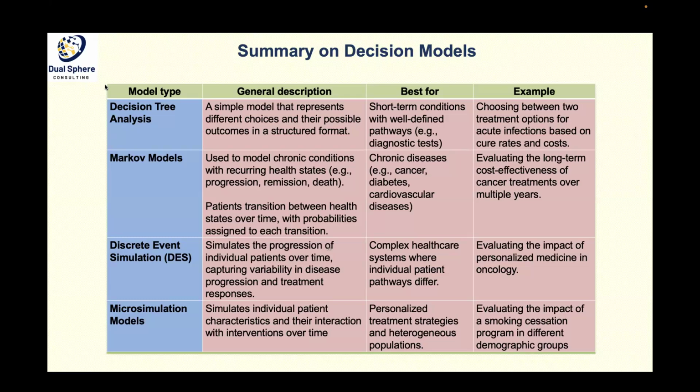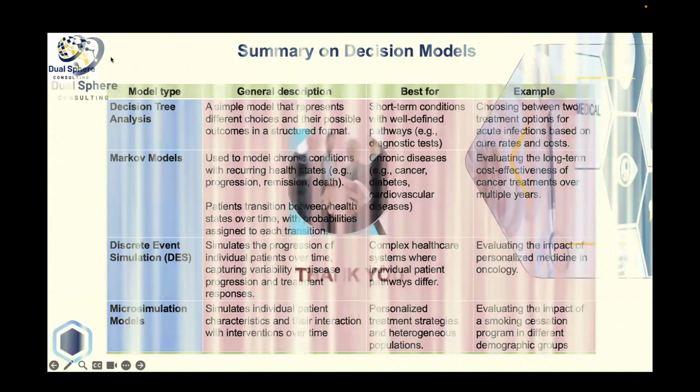Micro simulation has fixed cycles and also fixed health states. But DES doesn't have any fixed health states, and it just tries to simulate the progression by estimating the event time of the next event. Okay, I think this was the last slide.